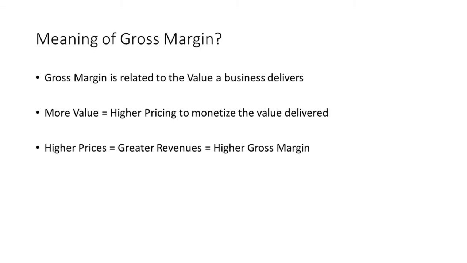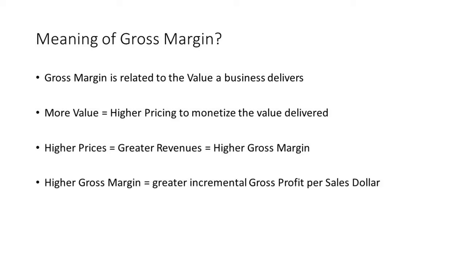And so higher prices then lead to greater revenues, which also lead to higher gross margin. So that's why we say there's a connection between gross margin and the value that we deliver to our customers. Now, higher gross margin also means a greater incremental gross profit per sales dollar that we receive.